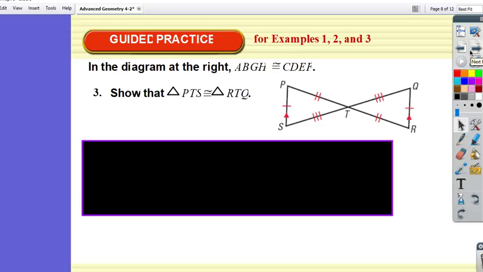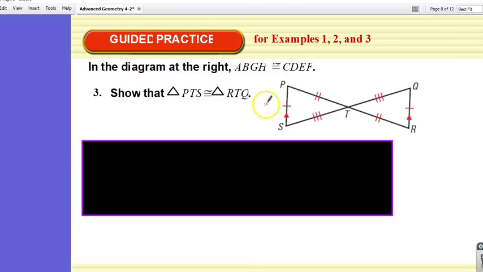Show that triangle PTS is congruent to triangle RTQ. All right. Why is this written up here? These aren't even the same letters, so that's definitely from a previous page, right? All right, so angle PTS is congruent to RTQ.